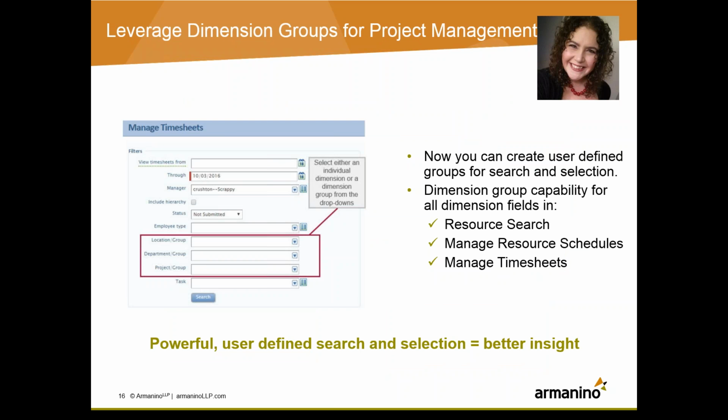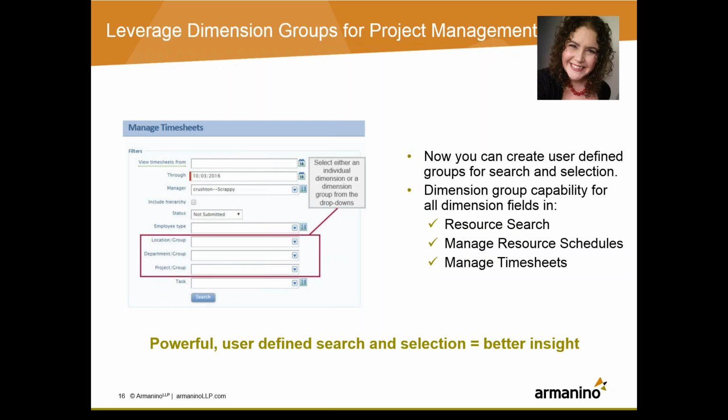Okay, so leveraging dimension groups for project management. This is also a very welcome update. Previously, you could not search or manage timesheets, resource schedules, or search for resources by a department, location, project, or any other dimension group. Now that ability has been added to these items in the project module.